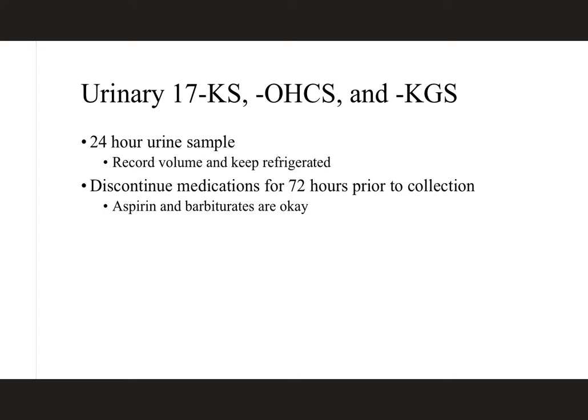Something to keep in mind with 24-hour samples, specifically for these metabolites, is that we want to discontinue medications if we can. If the patient is taking aspirin and barbiturates, those are okay, but other medications could interfere with the excretion or output of those metabolites.